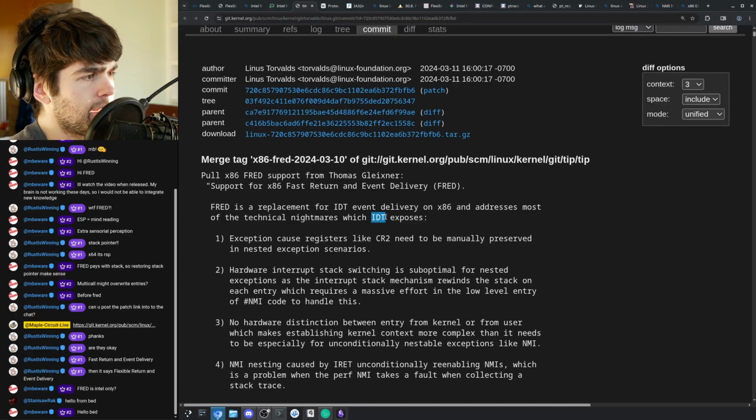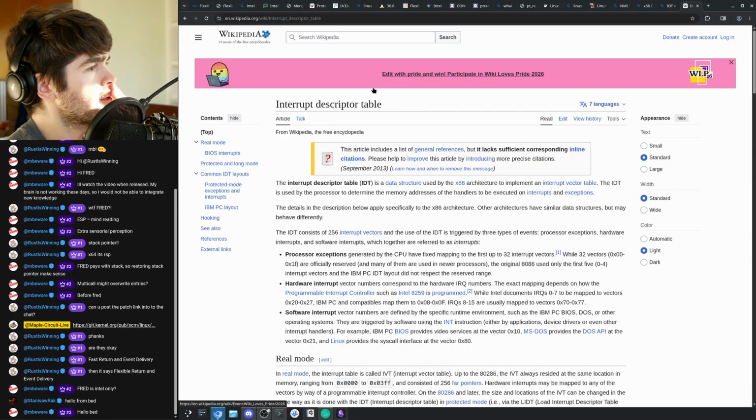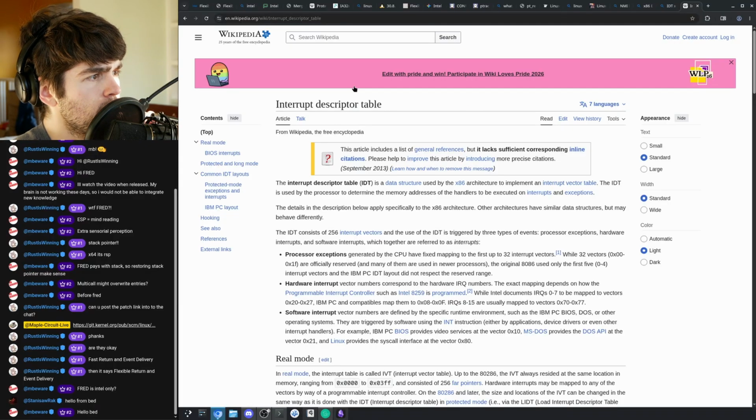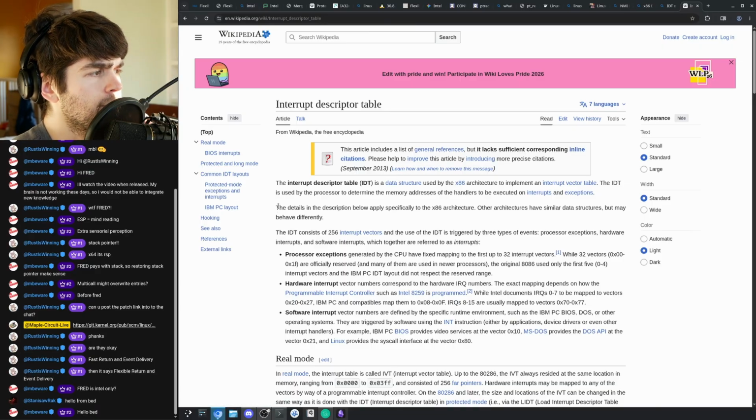Leaksner. All right, let me just relearn what IDT is. Interrupt descriptor table. The interrupt descriptor table is a data structure used by the x86 architecture to implement an interrupt vector table. The IDT is used by the processor to determine the memory address of the handlers to be executed on interrupts and exceptions. The details in the description below apply specifically to the x86 architecture.